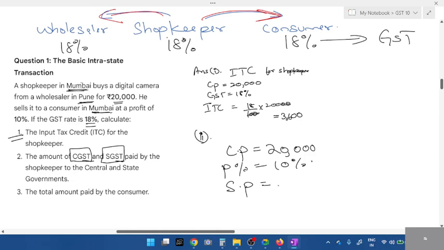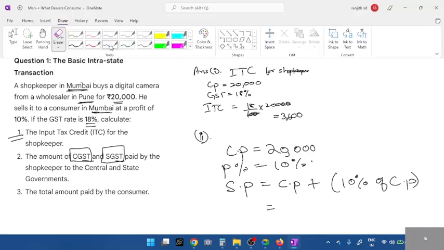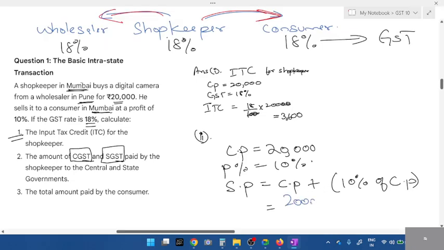How do you calculate that selling price, students? Cost price plus how much percent? 10% of cost price. You can calculate 2,000 separately and add it later: 20,000 plus 2,000. Okay, you can do it like that, students. So what will be the selling price? Cost price is 20,000 plus 10 divided by 100 into 20,000.